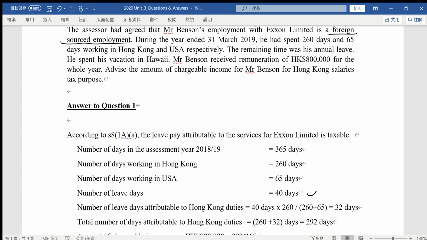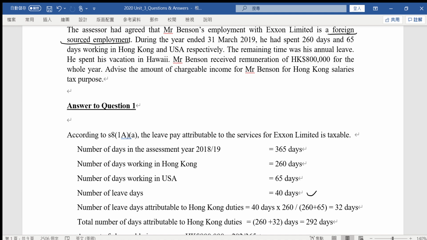Okay, you need to use the time apportionment approach to determine what should be the chargeable income of Mr. Benson. And in order to determine the total number of days related to Hong Kong, you also need to include the leave pay. That's why you need to apportion the number of days which is eligible to the Hong Kong service.